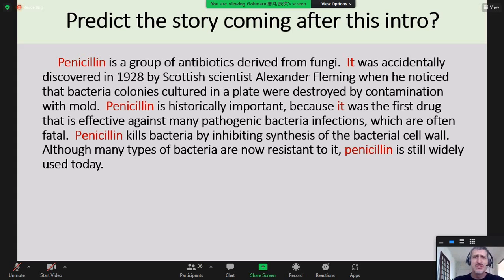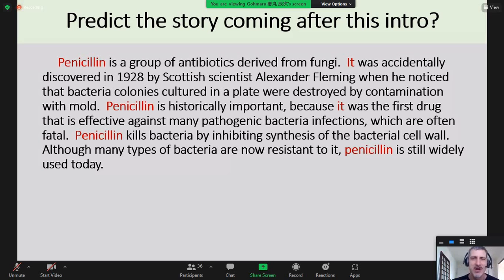Okay, so I think you can see, especially by the red text, that the subject, at least the main character here, is penicillin. But remember what I said the main character needs to be: a specific topic or concept. Is penicillin a specific topic or concept? Not really.